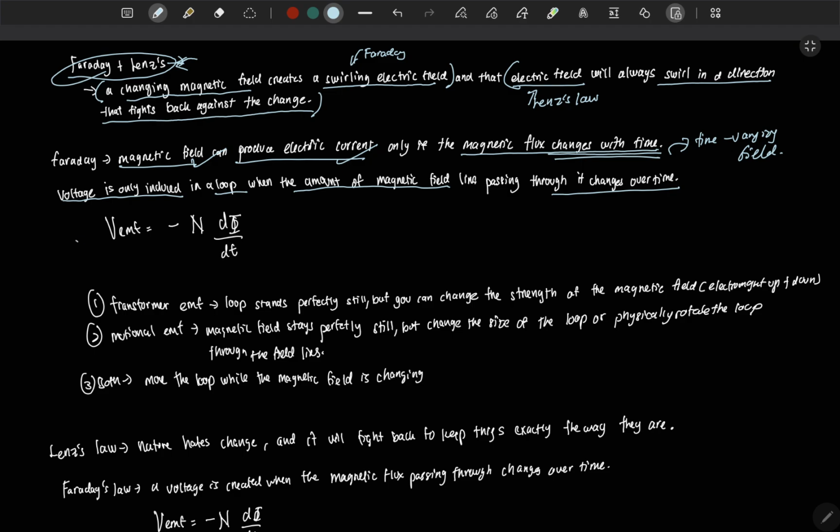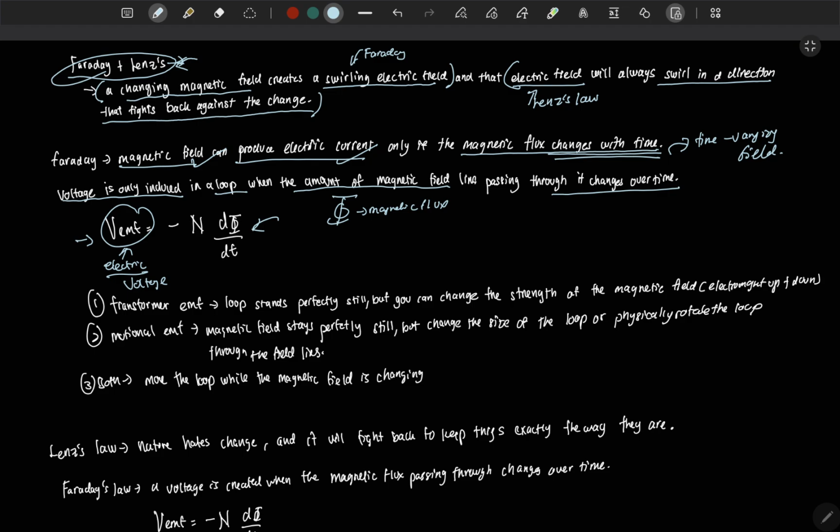Now this is the simplest Faraday equation that we can get, where VEMF means the electromotive force, or simply the voltage. The voltage is equivalent to this. What is this? This is the magnetic flux.